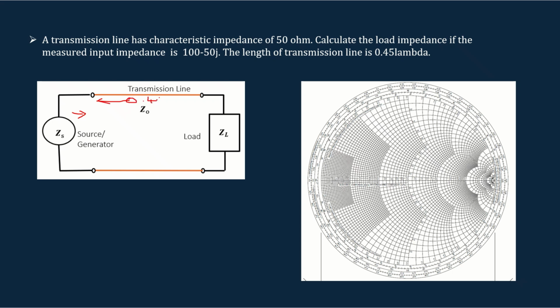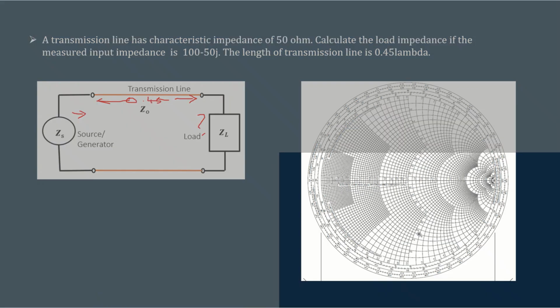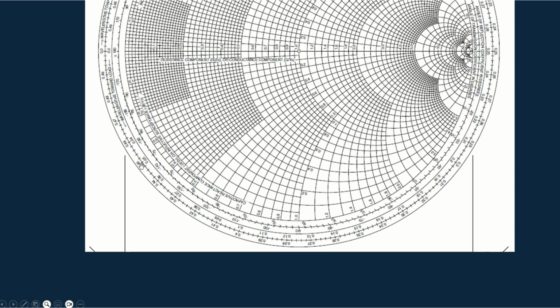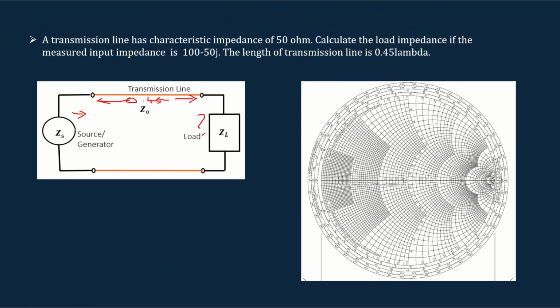So this length we know, and this is our unknown. Let's see how we can use wavelength towards load in the Smith chart to find the load impedance in this scenario, given the input impedance and the length of the transmission line. So this is our problem.